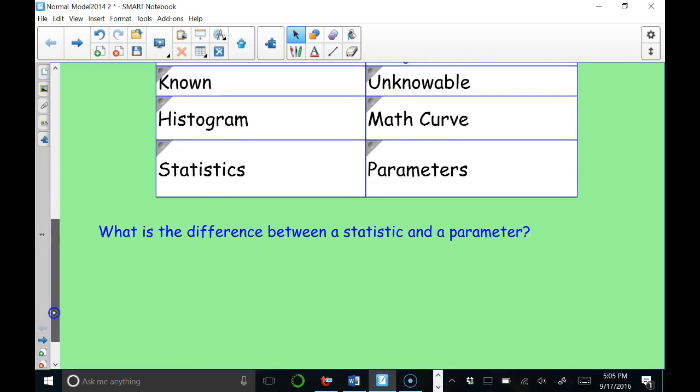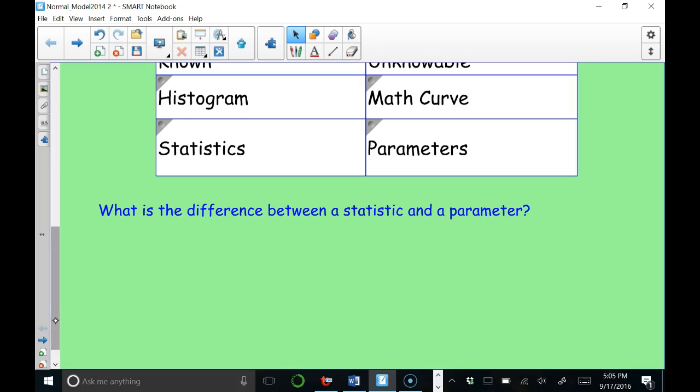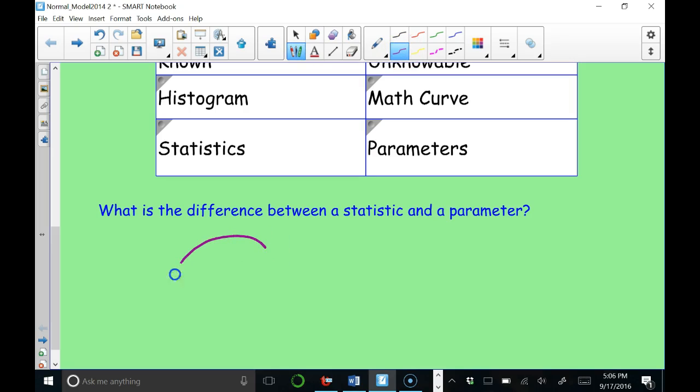And you're probably saying, well, what's the difference between a statistic and a parameter? Well, let's just say that we start off here and we have a population of people and say it's all New Yorkers. And we want to get the height of the average New Yorker using all New Yorkers. Well, that would be a ridiculously hard thing to do.